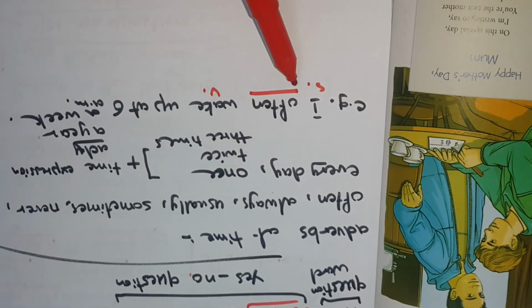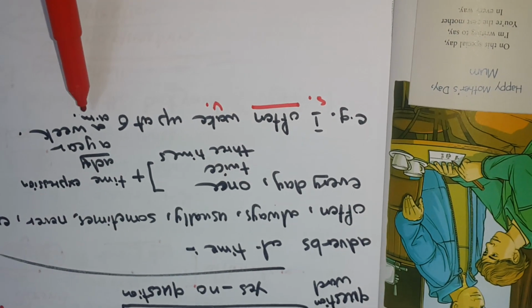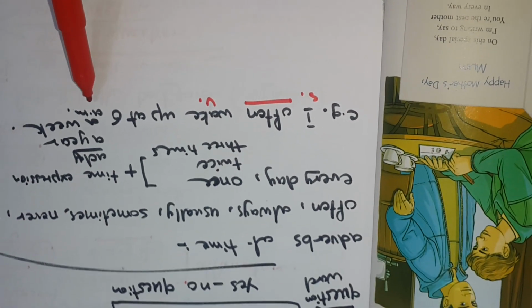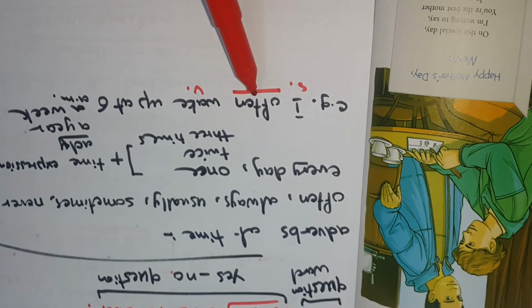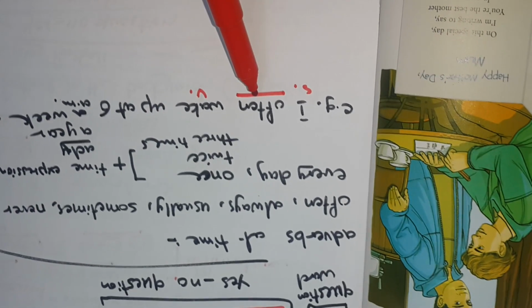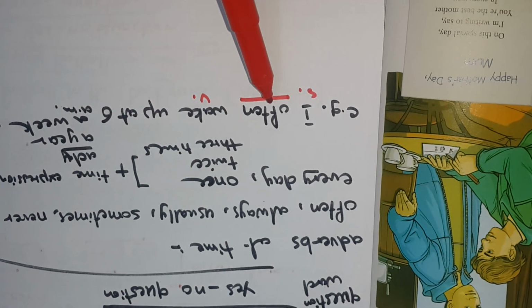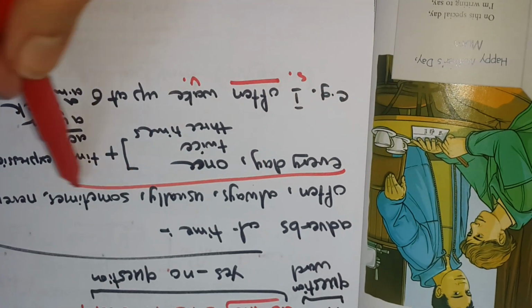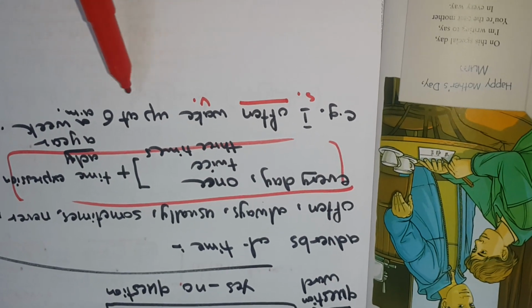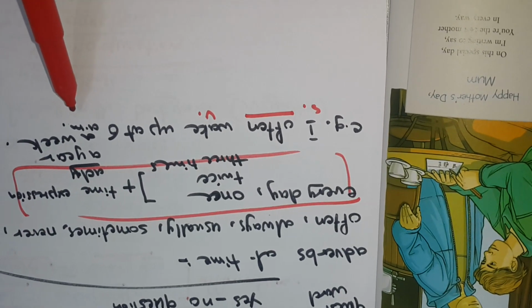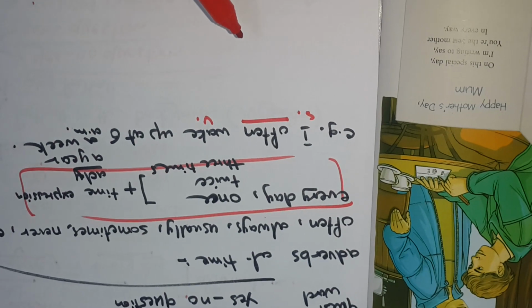And I can say, I always wake up at 6 a.m. I usually wake up. I sometimes wake up. I never wake up. But these come at the end of the sentence. We say, I wake up every day at 6 o'clock, etc.